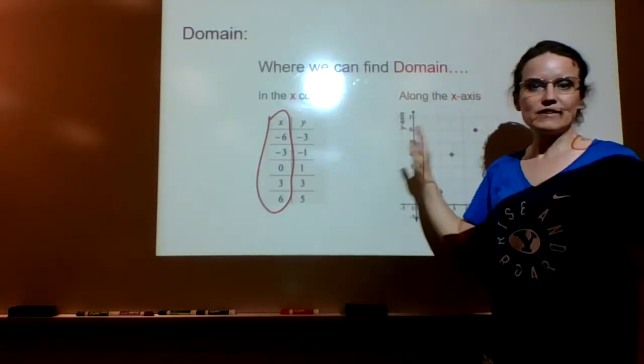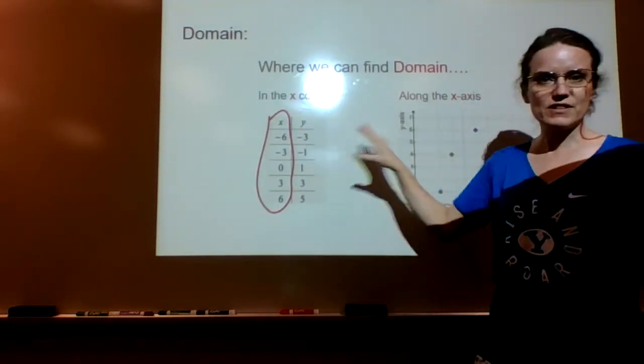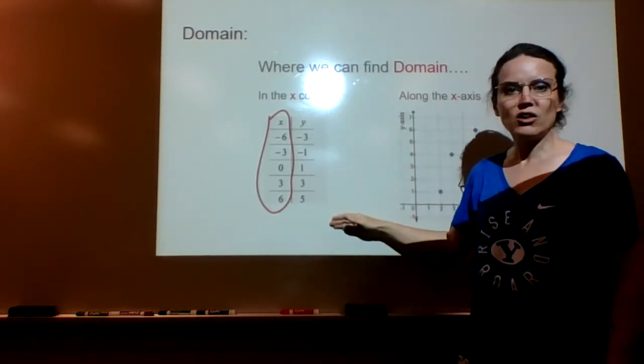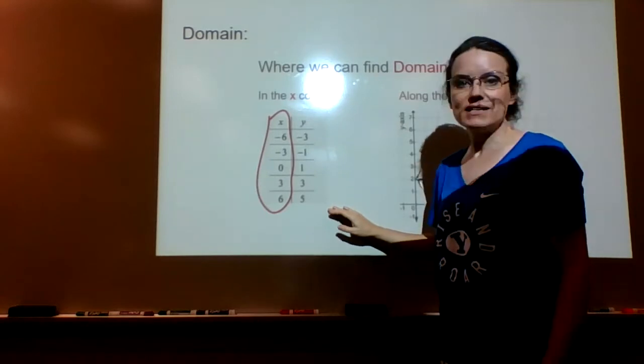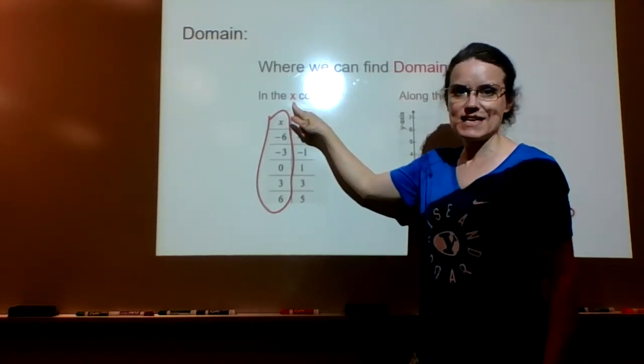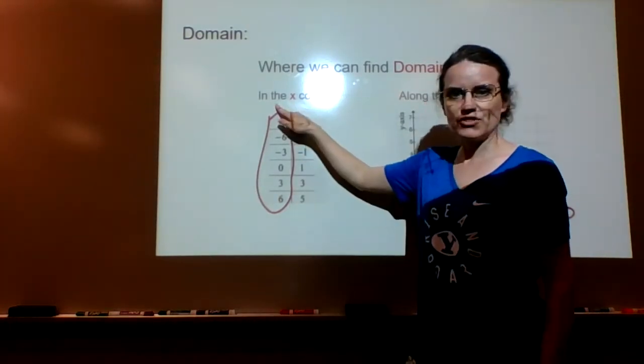So where can we find domain? If you have a table of numbers like this, your domain is just going to be all the things in the x column. I've circled that right here.